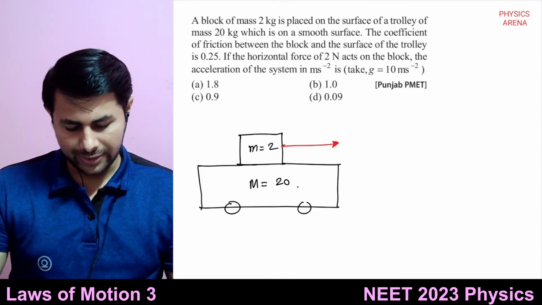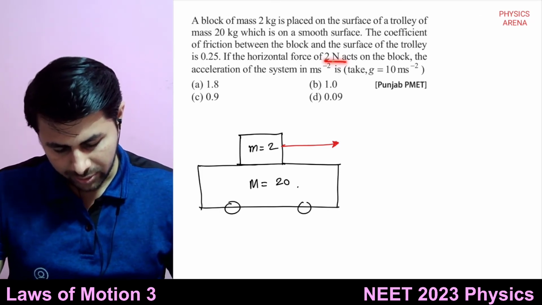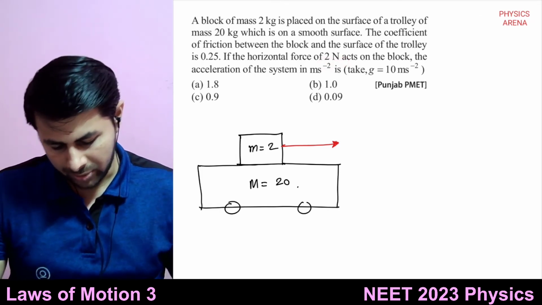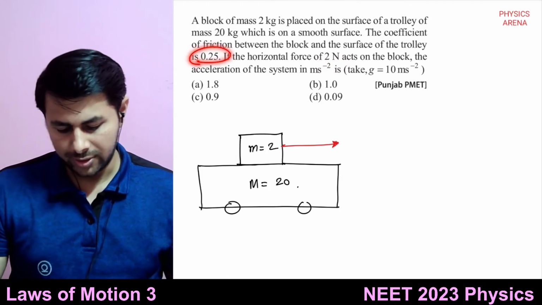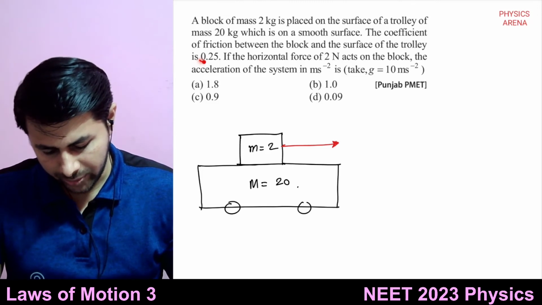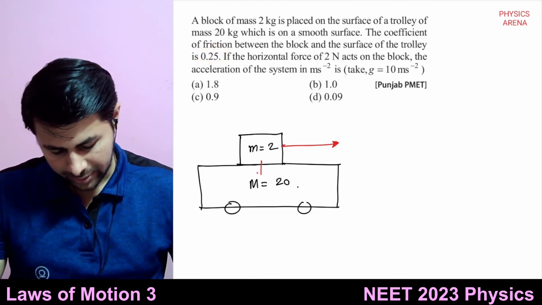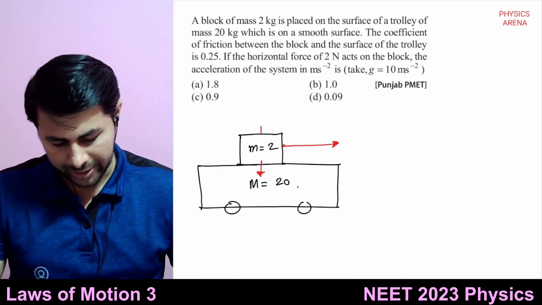Okay, so let's check. How much is the external force? It is 2 Newtons. And how much is the coefficient of friction? 0.25. How much will be the weight of this? mg. Normal reaction is equal to mg.